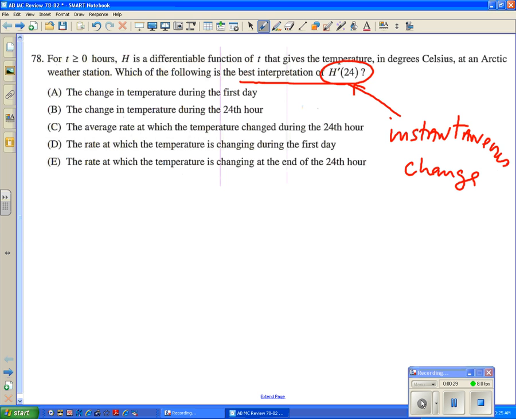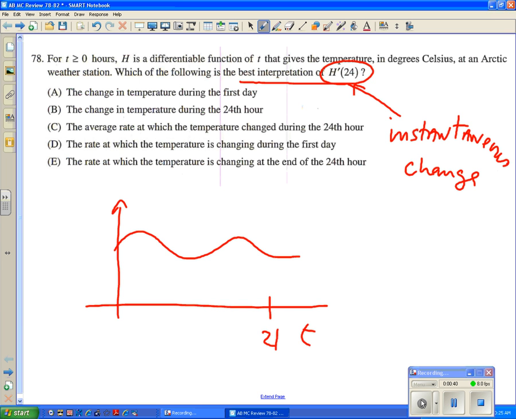And so if we've got temperature going on throughout the day, right? Big T and little t. We're interested in what's happening at hour 24. We're interested in what's this change here, this slope or direction at hour 24.